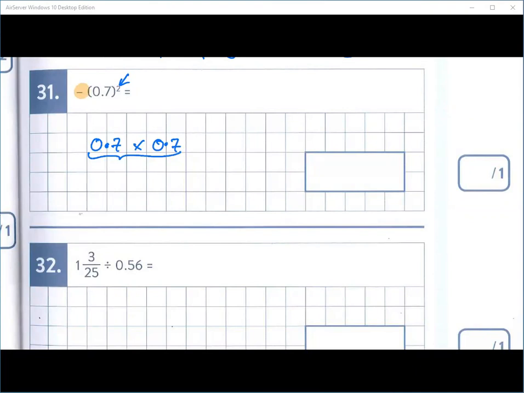Because the minus outside the bracket means what? Minus 1 times. There is an invisible 1 there, which is physically drawn in here now. So we've got this calculation really.